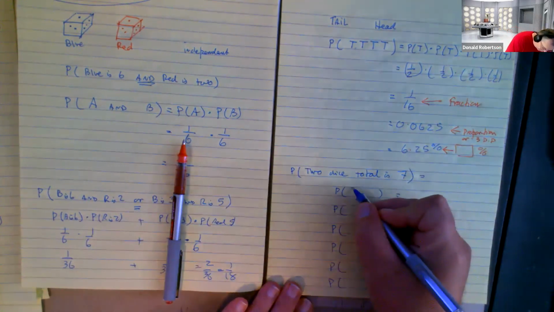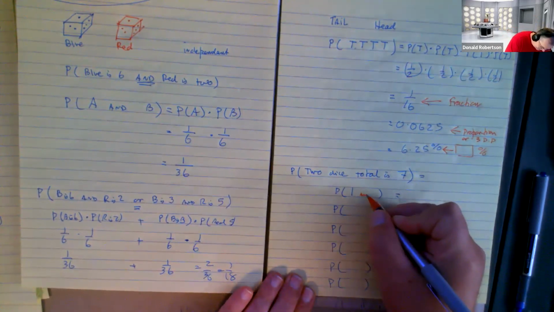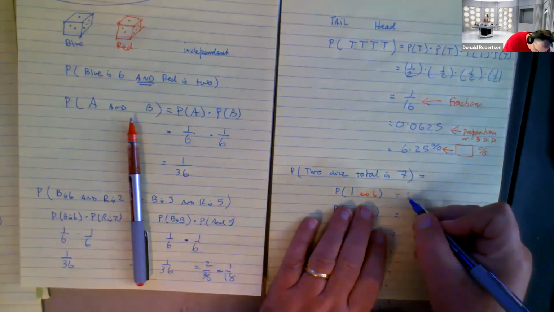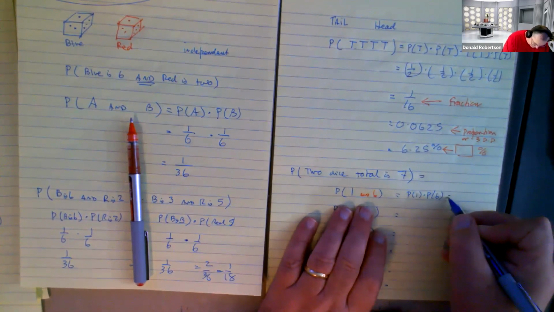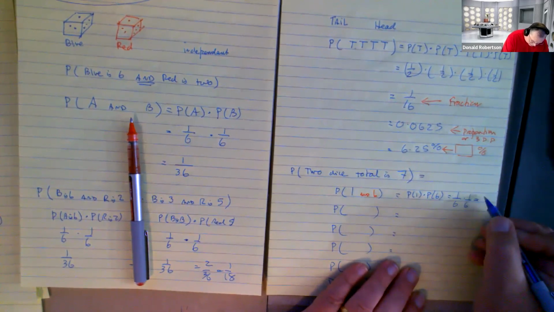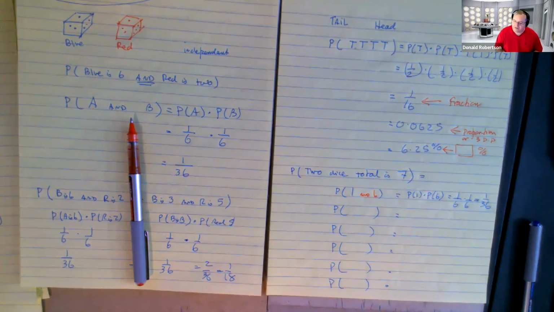So the blue one, would you agree a 1 and a 6? A blue 1 and a red 6, doesn't that add up to 7? Right. Now, in our world, isn't that the probability of a 1 times the probability of a 6? And aren't both of those 1/6? So the answer to this is 1/36. Would you agree? 1/36. Right.